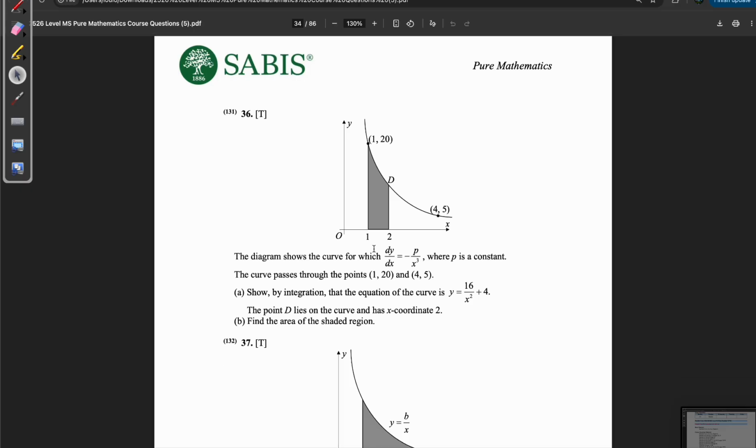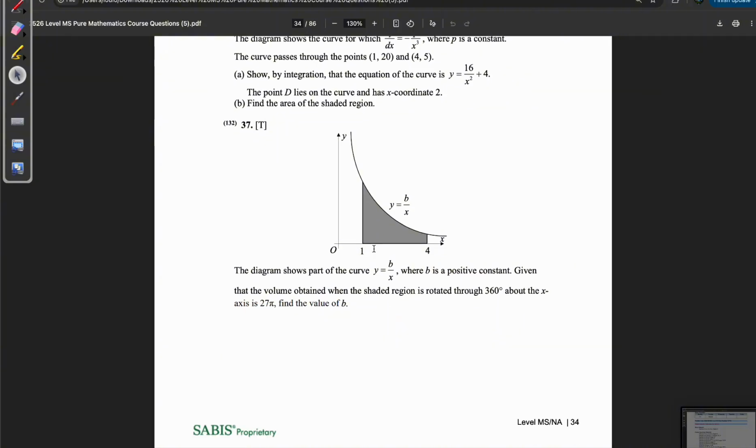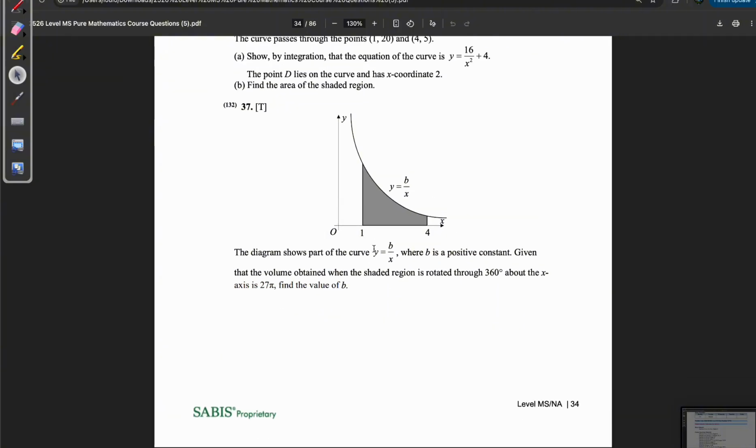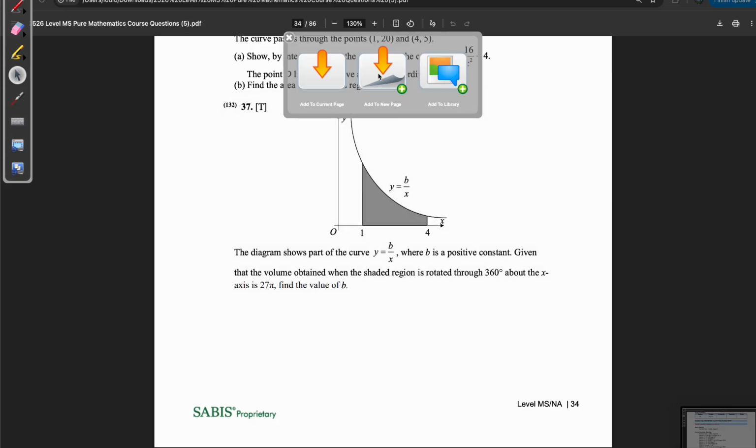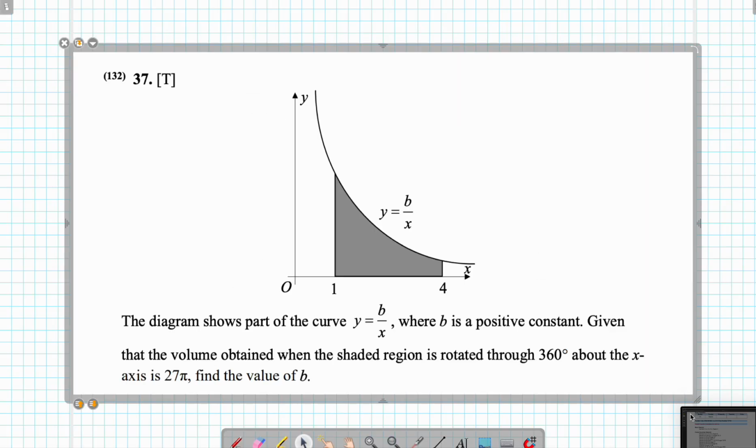Number 37. The diagram below shows part of the curve y is equal to b over x, where b is a positive constant. Given that the volume obtained when the shaded region is rotated through 360 degrees about the x-axis is 27 pi, find the value of b. So let's just do the same thing again.